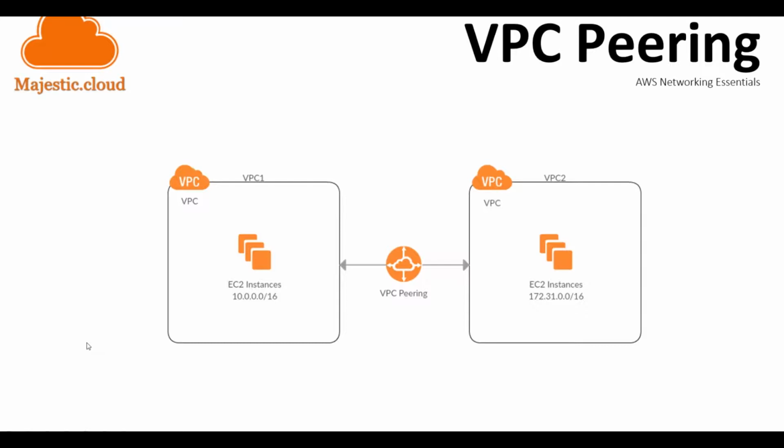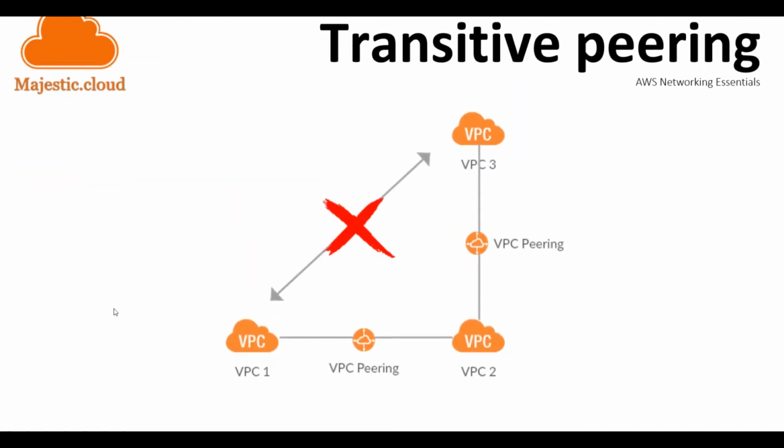Let's see one of these limitations, and that is transitive peering. If you have three VPCs and VPC1 is peered with VPC2 and VPC2 has a peering connection to VPC3, that means that traffic can freely flow between VPC1 and VPC2, and also between VPC2 and VPC3.